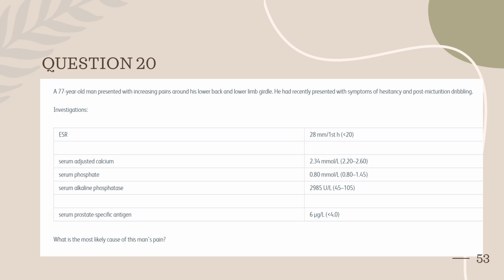He has raised ALP. Prostate specific antigen is not that high, because in prostatic carcinoma we can have a very high PSA level, but that's not the case. There is a higher set of normal calcium and a lower set of normal phosphate.